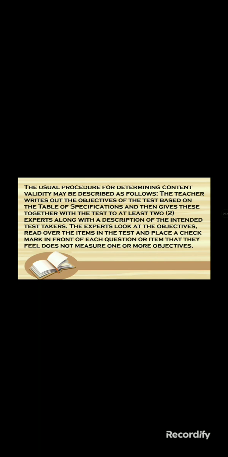And then, after the two experts receive them, they check each question if it matches the objectives. If a question does not measure the objectives, they mark it. Experts check the test to make sure all questions are relevant and aligned with what should be learned.